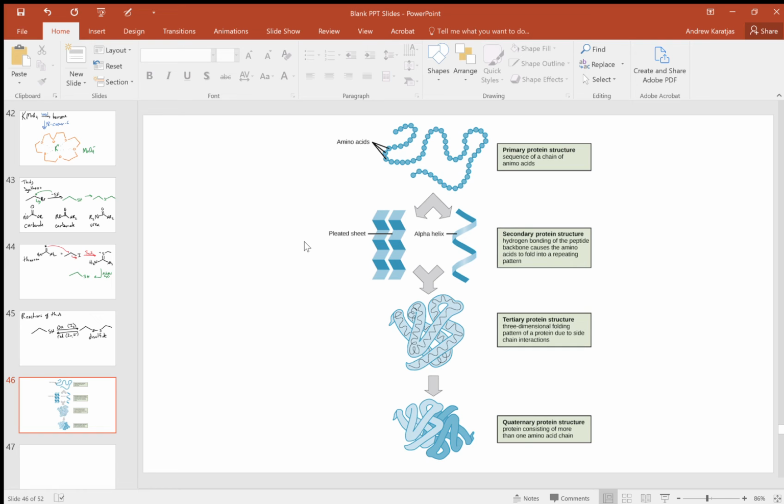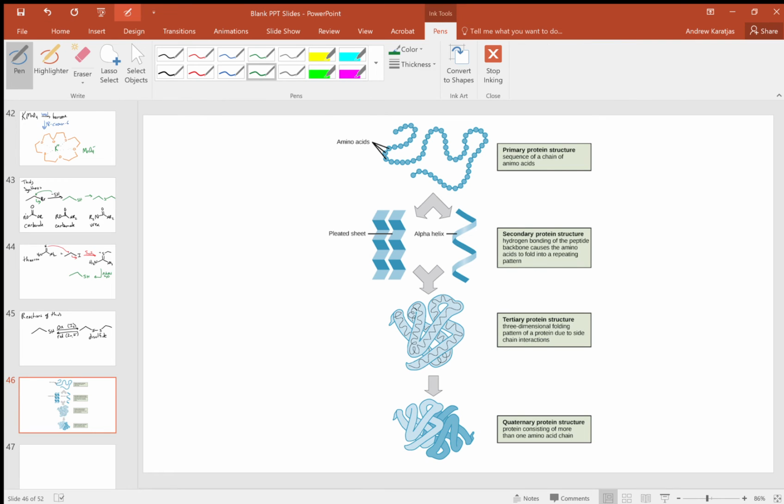The secondary structure, as well as the tertiary structure, is how that chain of amino acids folds up into specific shapes. And then the quaternary structure is the interaction of more than one chain. But this reaction involving disulfides is really important in the secondary and tertiary structure, because the overall shape of a protein is determined by four things.